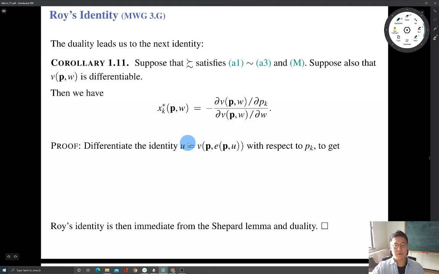Okay, so after differentiation, the left hand side becomes 0, and on the right hand side, because p sub k appears in 2 different places, here and here, we should consider the total derivative. Yeah? So we first take the derivative with respect to p sub k.